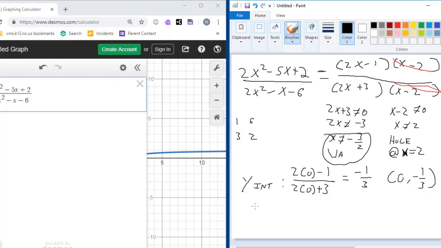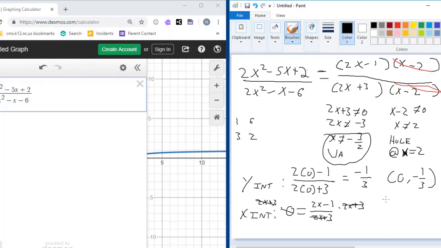The x-intercept is when y is equal to 0. So I have 0 is equal to 2x minus 1 over 2x plus 3. Multiply each side by 2x plus 3. 0 times 2x plus 3 is still 0, and 2x plus 3 and 2x plus 3 cancel out.